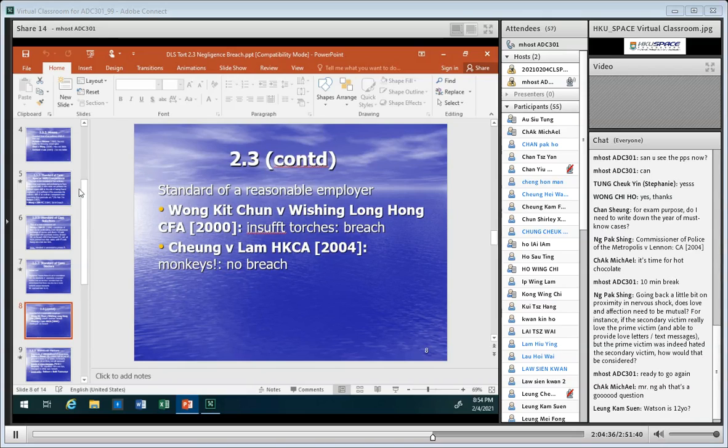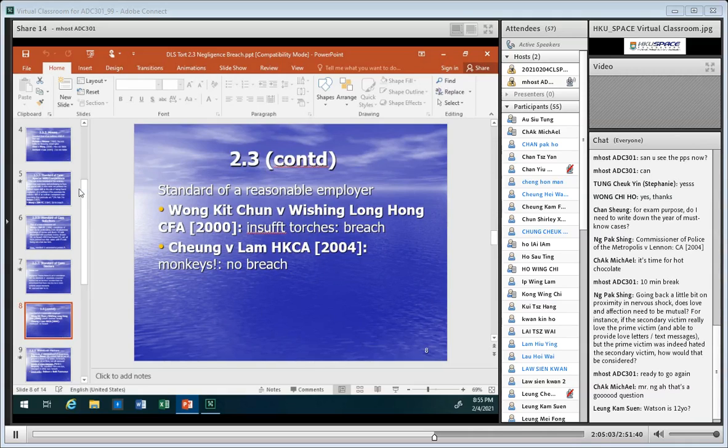One of the other issues that comes up in Wishing Long Hong is whether there was a defence of contributory negligence. So watch out for that. Wishing Long Hong, I'd say, is a must-know case, because it's a case on whether there's breach of the duty of care by an employer. The standard is that of a reasonable employer, and there was breach because they provided insufficient lighting, insufficient torches.